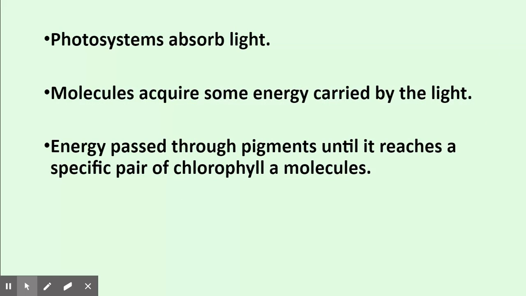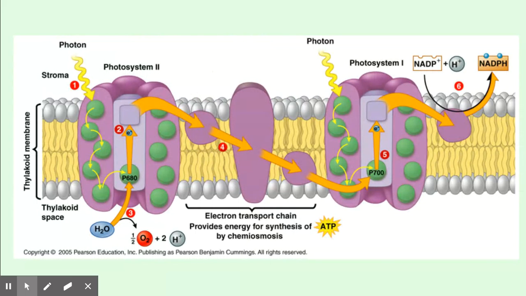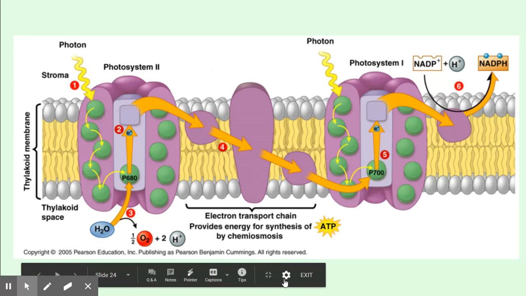Some of the molecules in there, you're going to have hydrogen that's going to help carry that light, and that's going to pass through those pigments. So this is going to be our whole electron transport chain, the whole photosystem 1 and 2, processing the light. Again, first is photosystem 2, then we end up with photosystem 1, and ultimately we're going to make a little bit of energy.